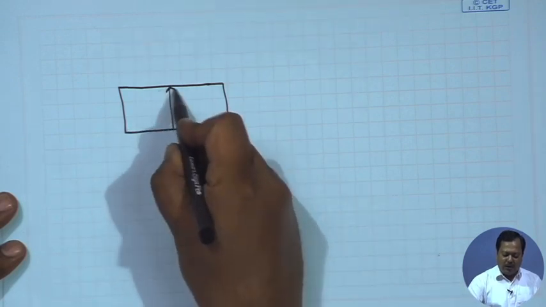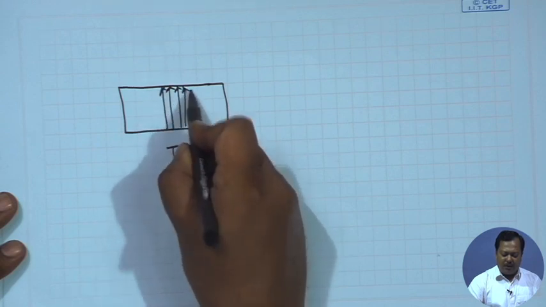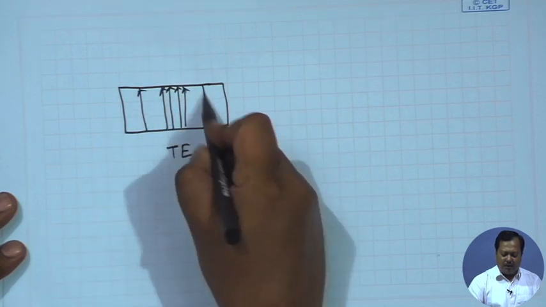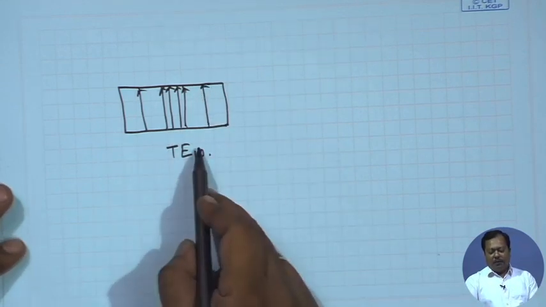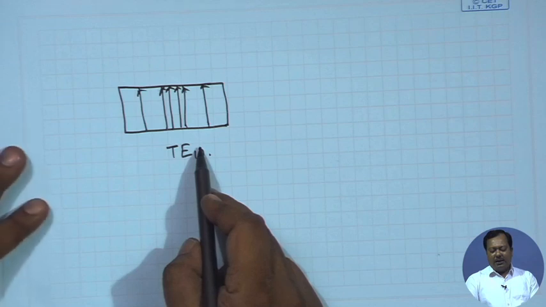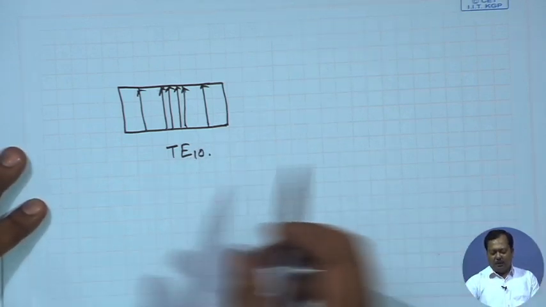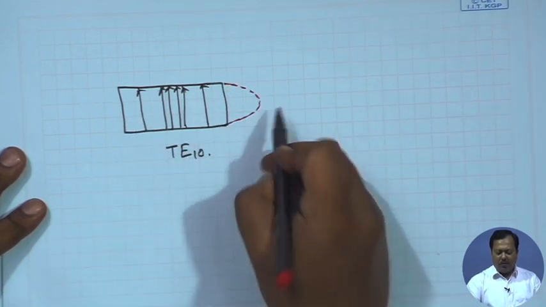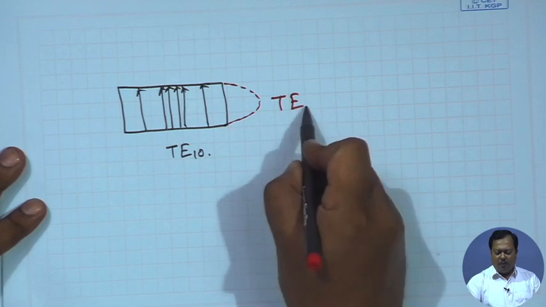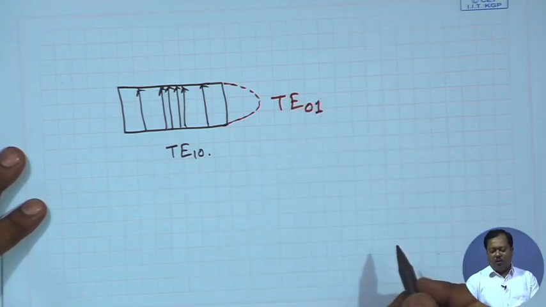If I plot the electric field, we have maximum on the central plane and then it decreases on the left hand side and right hand side. Now, if I keep on increasing the operating frequency, it is highly possible that we can excite one more mode. Let us designate it by TE01 mode.